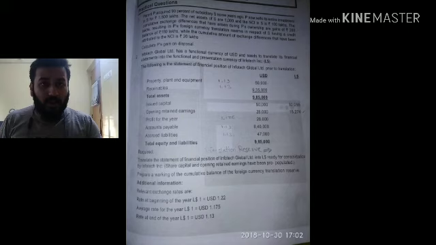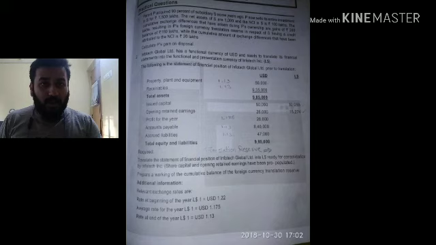Profit for the year. Can you comment below what rate we can use for the profit for the year? I hope you have correctly guessed: we can use the average rate, that is 1.175.